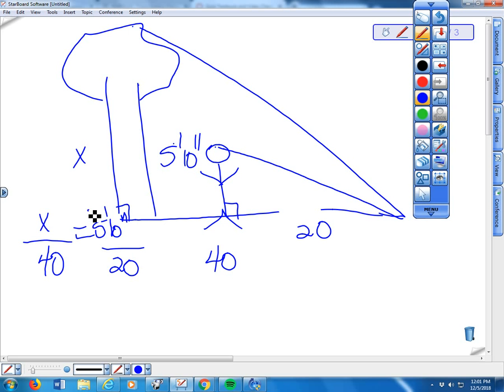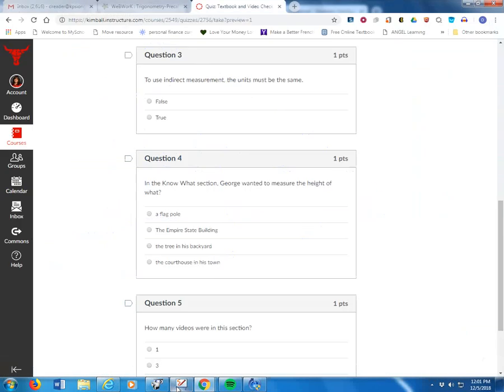So I either need to convert those inches into feet and get a decimal for feet, or I just need to convert everything into inches. The point is, all units must be the same if you're going to do ratios. Okay? So that one would be true.